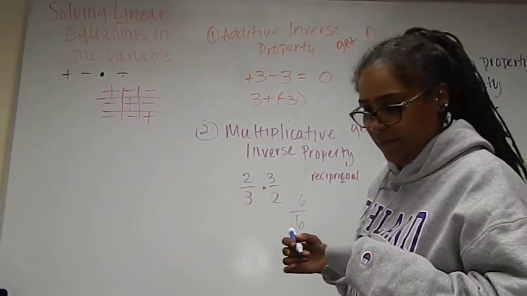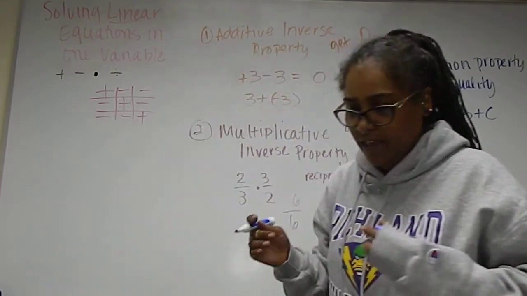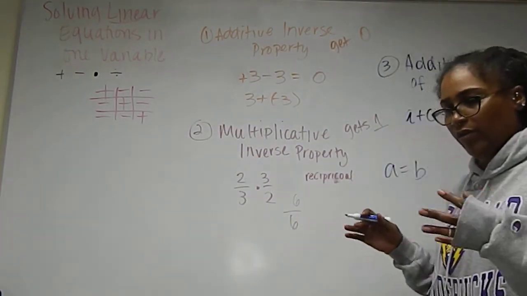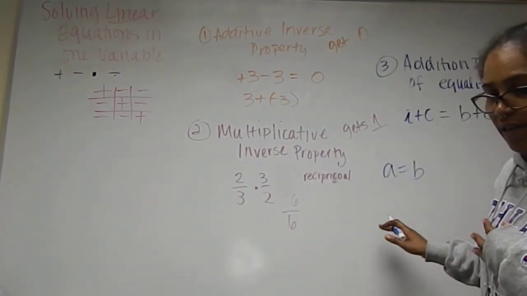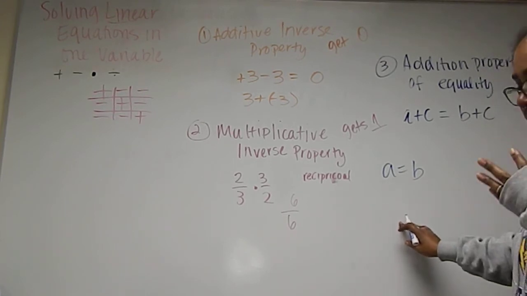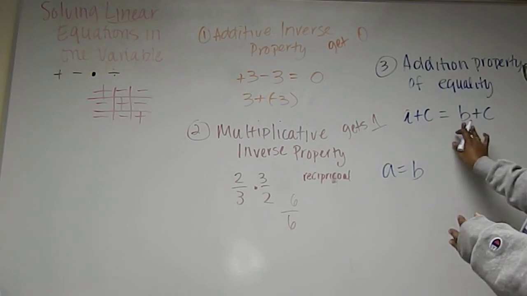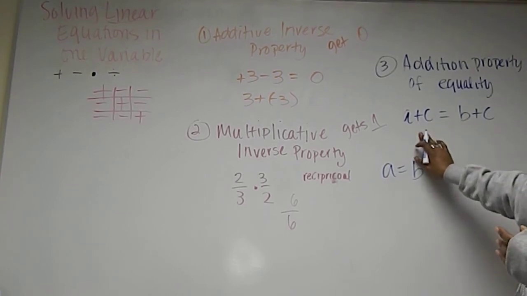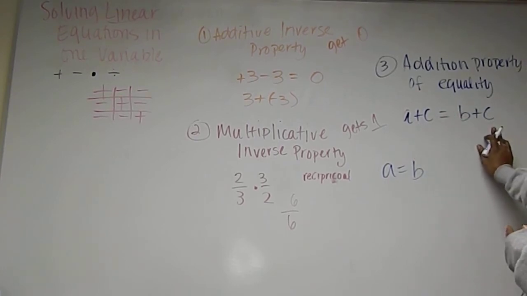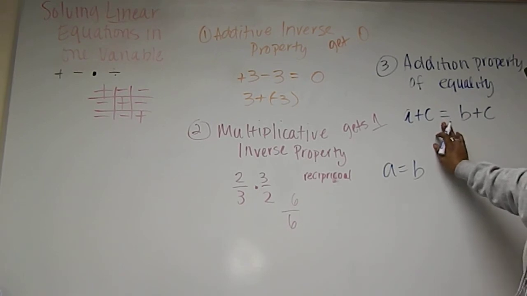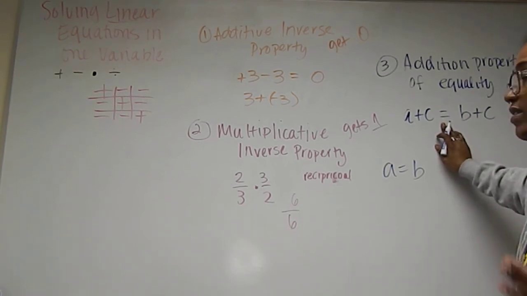You're like, I don't know what that means. But it just means that these are 3 real numbers, A, B, and C, and that A and B are the same. But basically, whatever you do to one side, if A and B are the same value and I add C over here, then I have to add C over here because the equal said that these are the same. Equals means is. This is this.